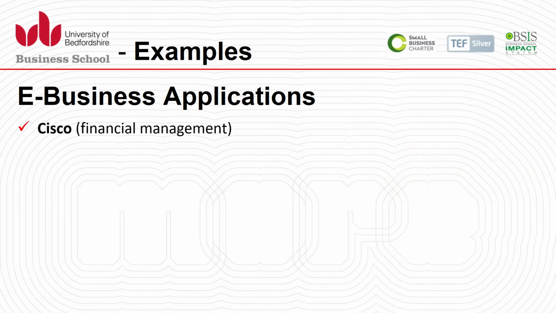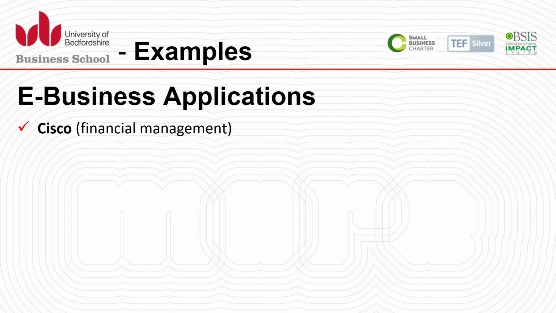So, an e-business application, for example, is financial management by Cisco. This is where we take different examples from the e-business platform, which is the conducting of any business using the internet, extranet, web or cloud-based internet.